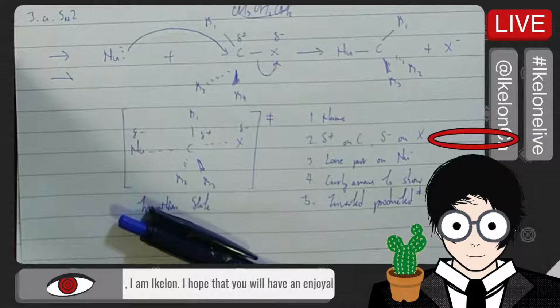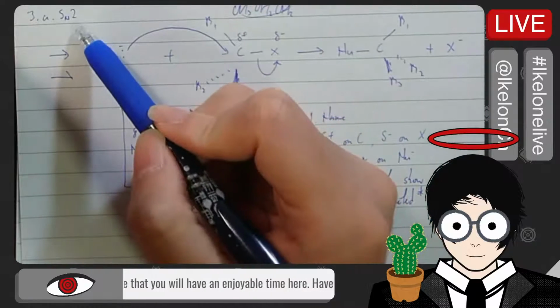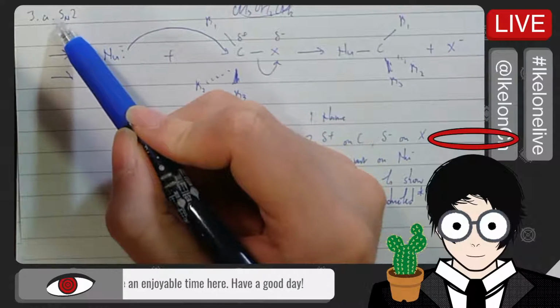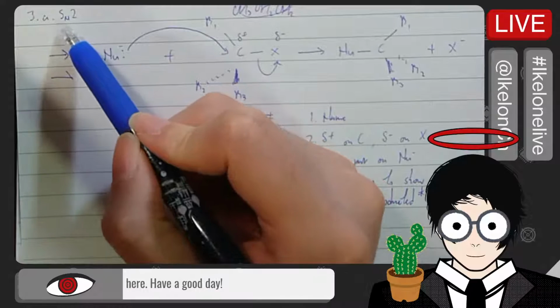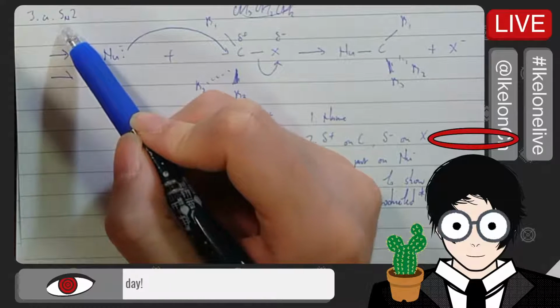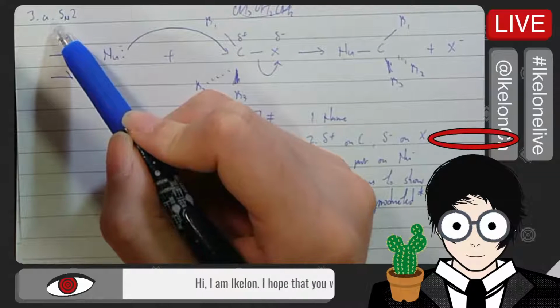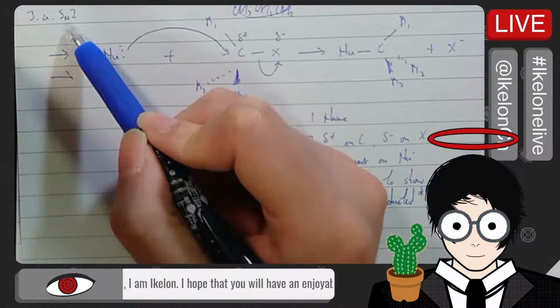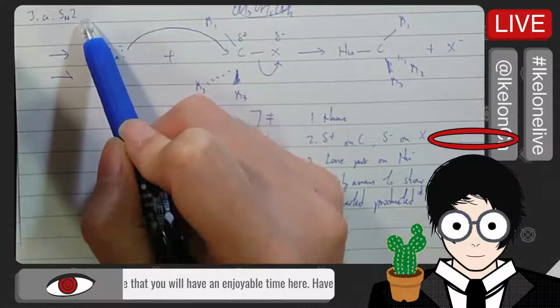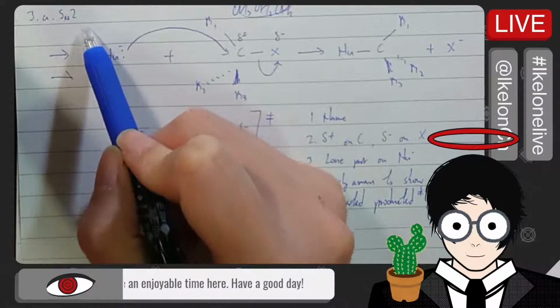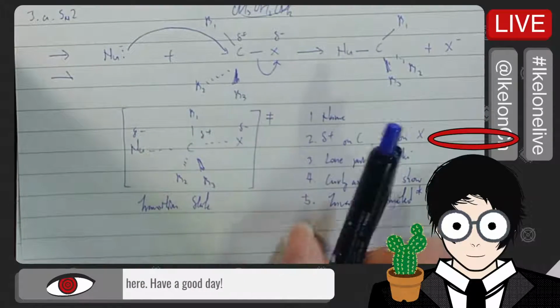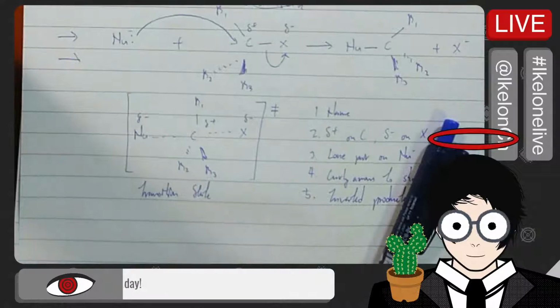One thing I forgot to talk about is, it's called SN2. You have to note that the S and the 2 are written normally, but the N is written as a subscript. S stands for substitution, it's a nucleophilic substitution reaction. N stands for nucleophilic, and 2 is because there are 2 reactants in the rate determining step. Let me check the notes.